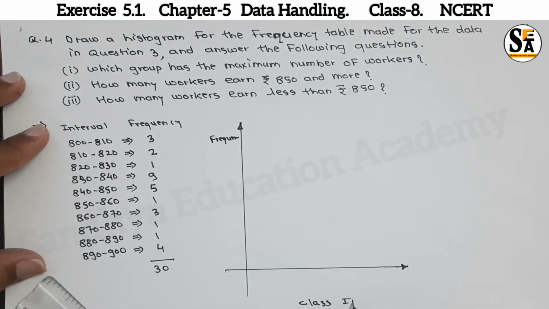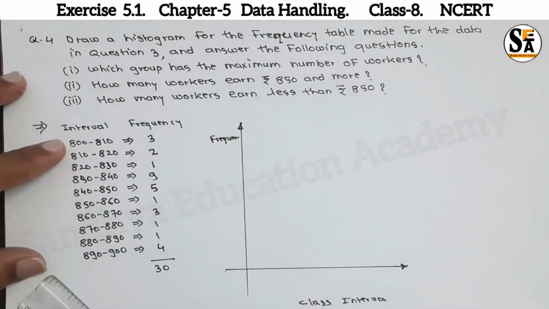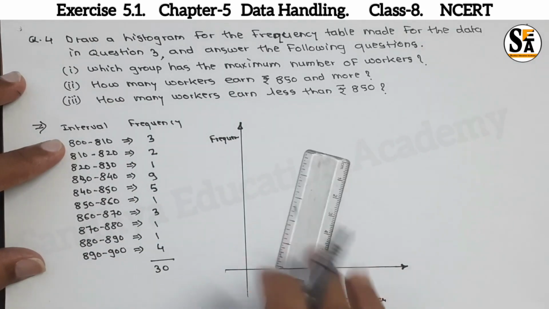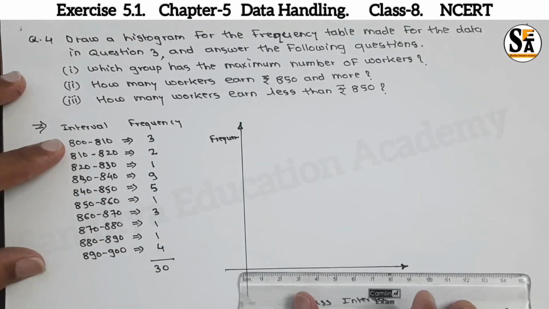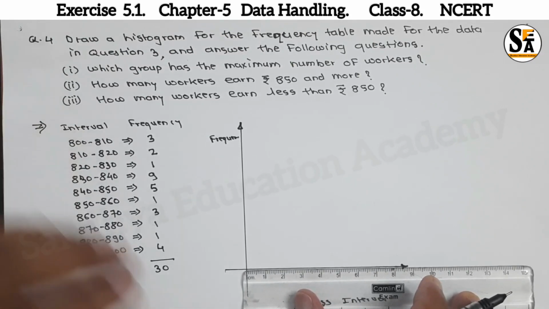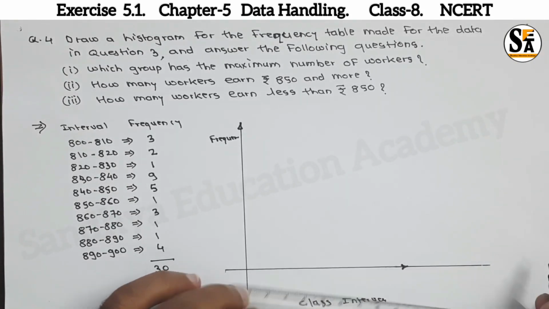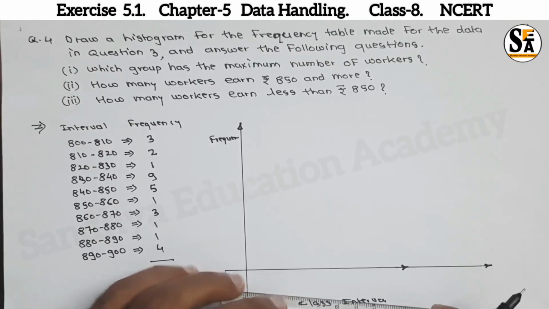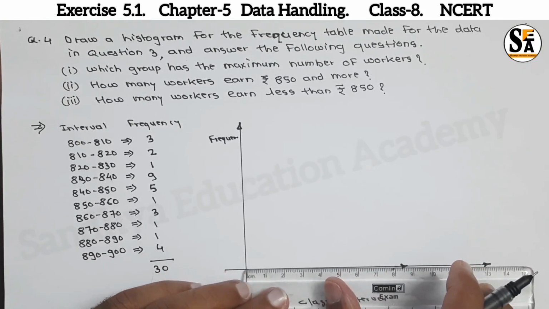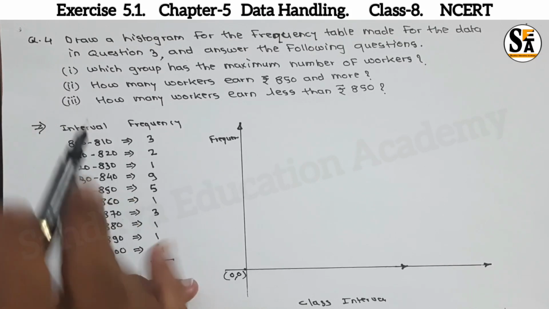How will the class interval be? From 800 to 900. This is the total span. We will divide all this span into 10 class intervals. So we will take 1 centimeter for one class interval. So let's extend this axis and mark each class interval. This is 0 for any graph. This is 0, but we are starting from 800.